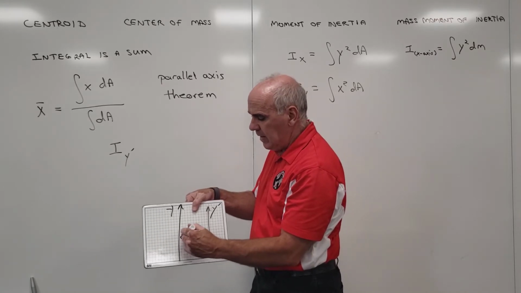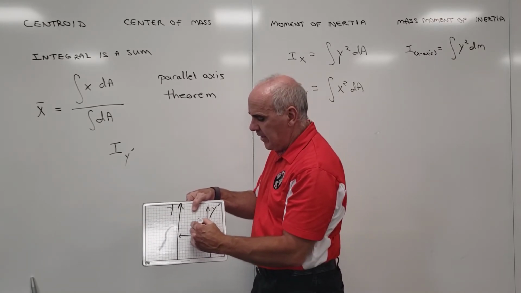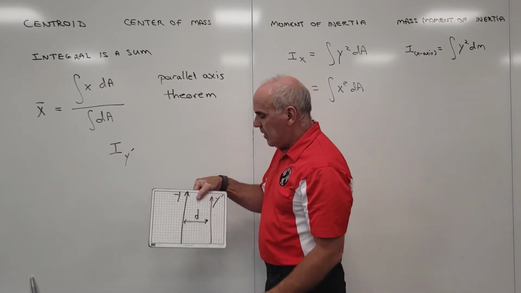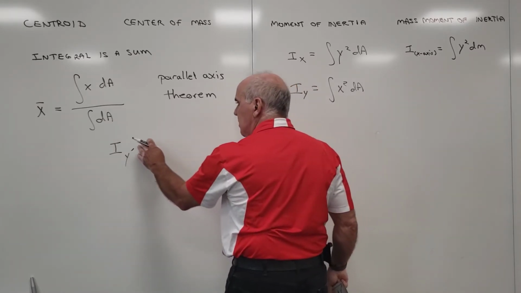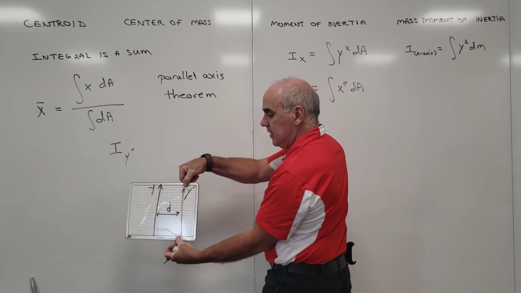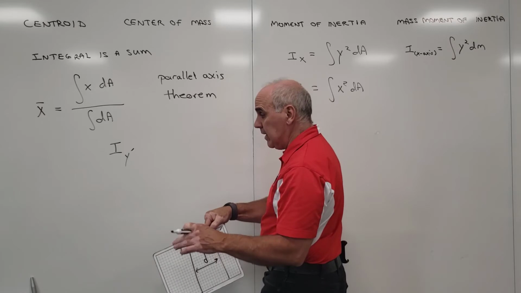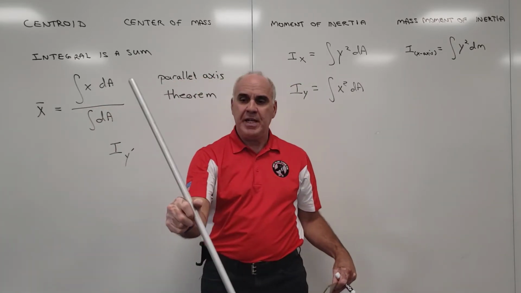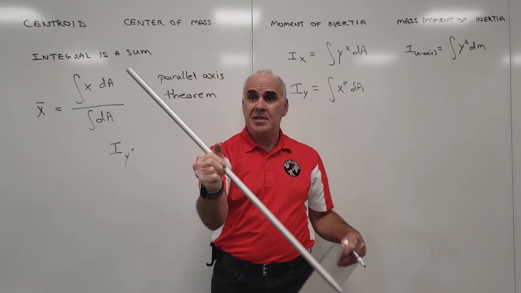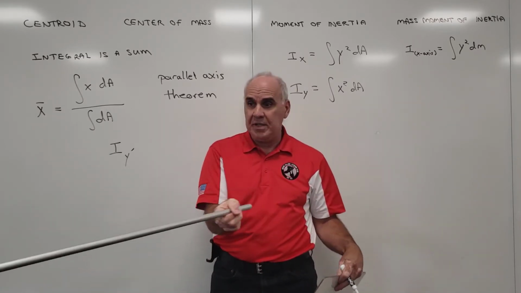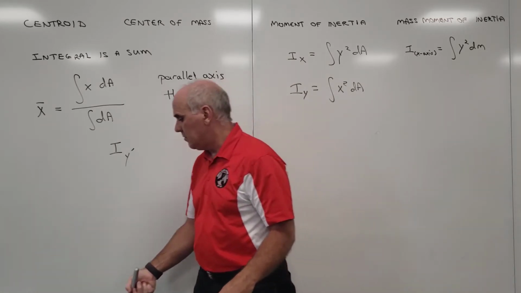These two axes are separated by some distance d. And it's different: it's going to feel different if I take this bar and rotate it about the centroid, which is kind of difficult, versus rotating it about an endpoint, which is even more difficult.